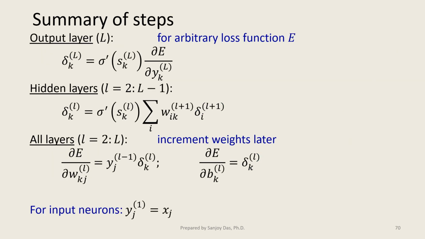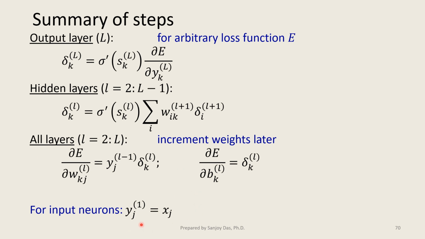So this is the summary of the steps involved in the overall algorithm. For the output layer, for any arbitrary loss, this is how we compute the deltas. This partial derivative can be readily computed as long as the loss function is known. And then we backpropagate, we compute the deltas of the hidden layer neurons, and then we increment the weights or find the derivatives later on.